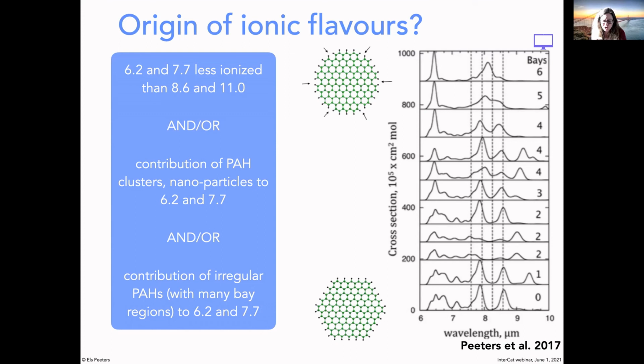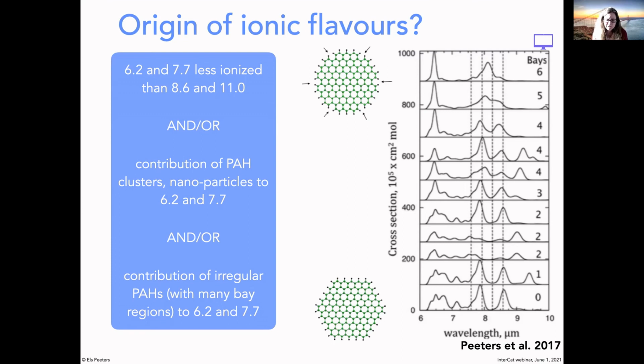Then you start removing some bonds to create these bay regions, calculate the spectra, and we go up to 6 bay regions. You can see that for the bottom spectrum, you have an emission peak at 7.8 and 8.6. But if you go to a higher number of bays, those two peaks merge towards each other and finally merge completely and peak around 8 microns.